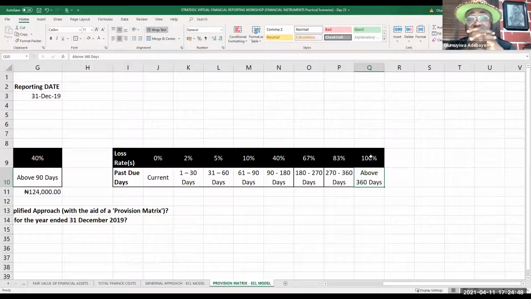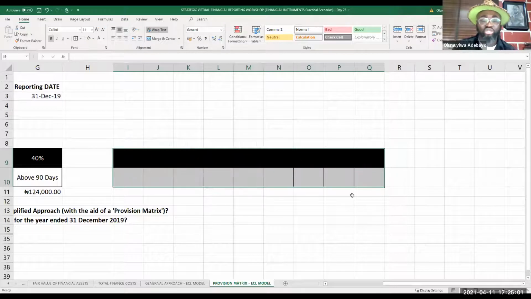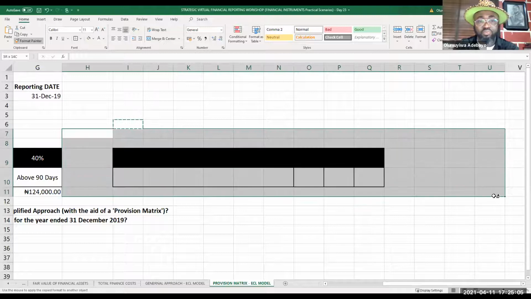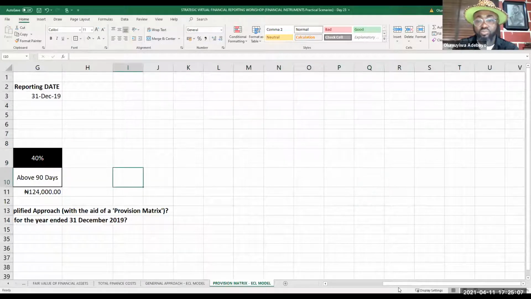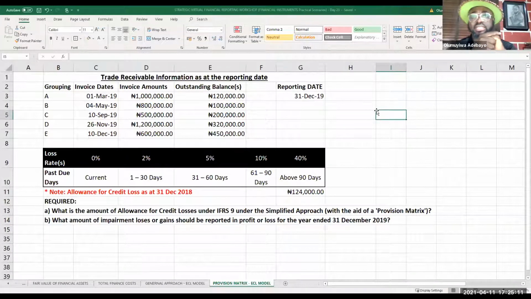When you go and meet the debtor, he says, why are you harassing me? I don't have money. Do you get what I'm saying now? But that is not the case here, which means nothing is cast in stone. It is a function of your internal credit policy and internal credit model.